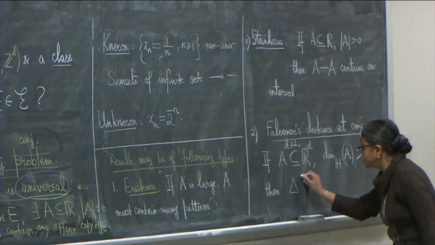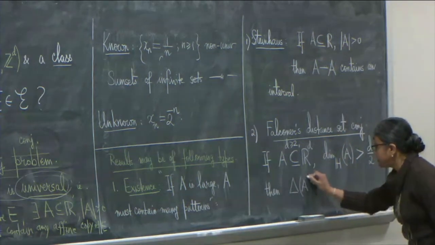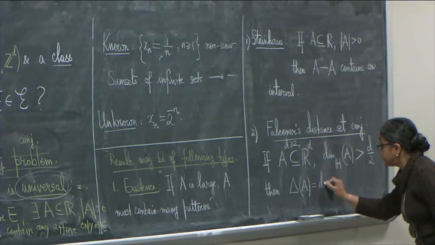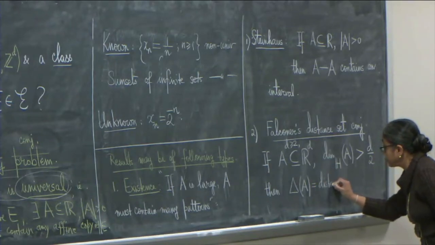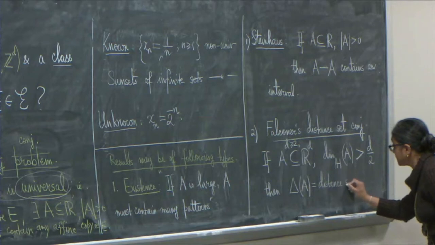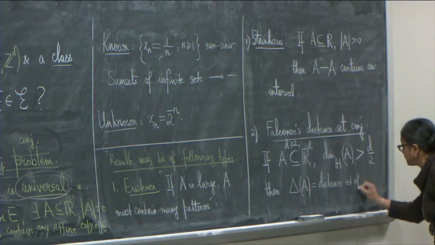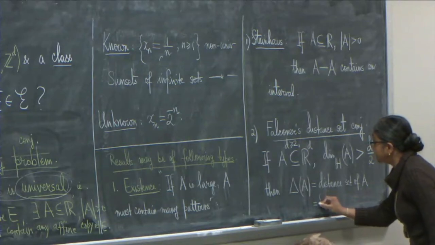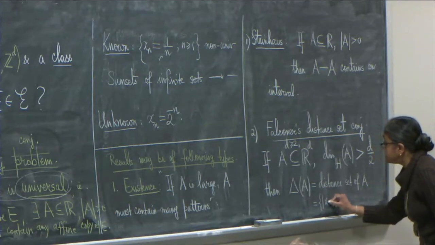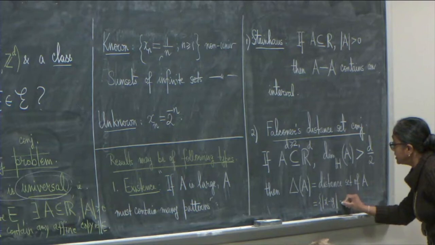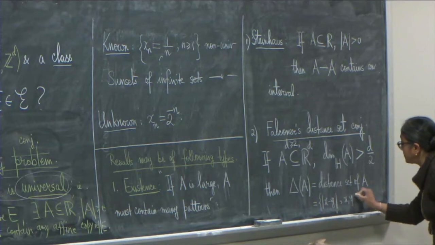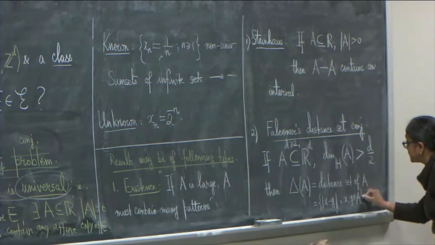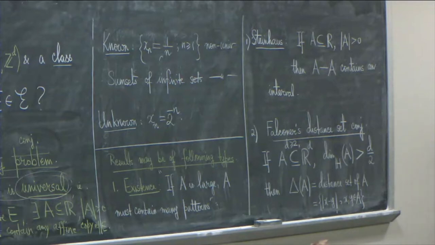Okay? So if it has at least half the dimension, then if you look at the distance set, so I'm going to write this as delta of A, and this is called the distance set of A. What exactly is it? This is nothing other than all the possible distances between the points in A. The conjecture says that this set must have positive Lebesgue measure.